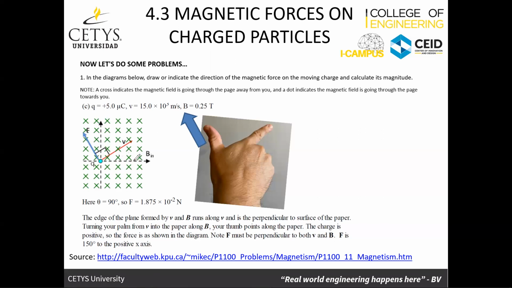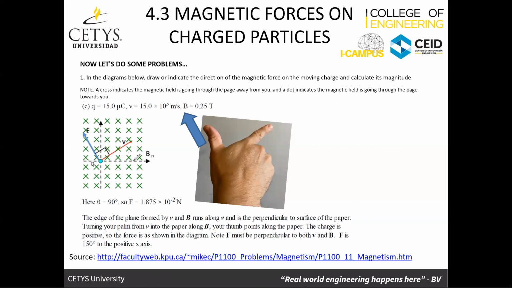Yeah, it's the angle between the velocity and the magnetic field. No, that's a typo here. The velocity is going this way, so the particle is going this way, and the magnetic field is going directly into the wall, so the angle that's being formed is 90 degrees. That was misleading. I don't know why they wrote that down there.